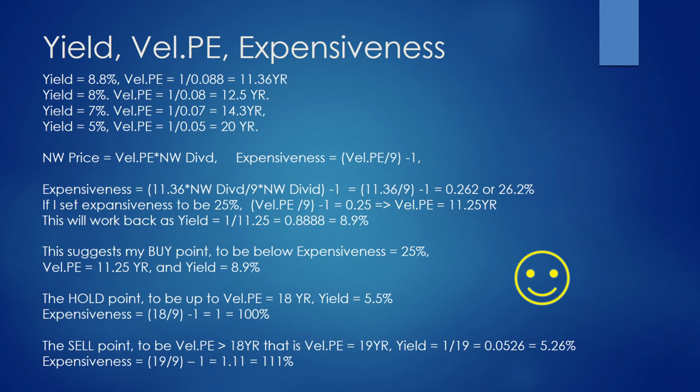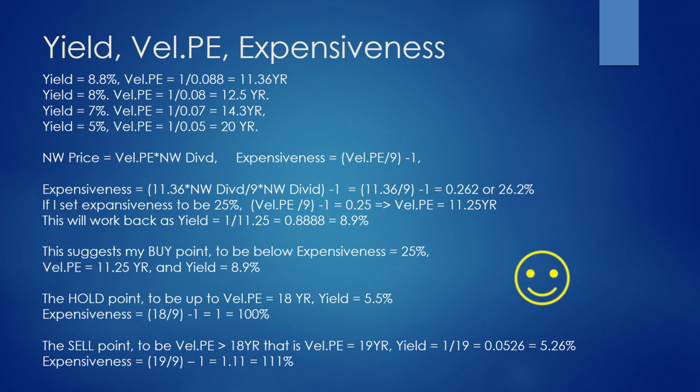This suggests my buy point to be below expensiveness equal to 25%, velocity PE equal to 11.25 and yield equal to 8.9%. The whole range goes up to velocity PE equal to 18, yield equal to 5.5%.